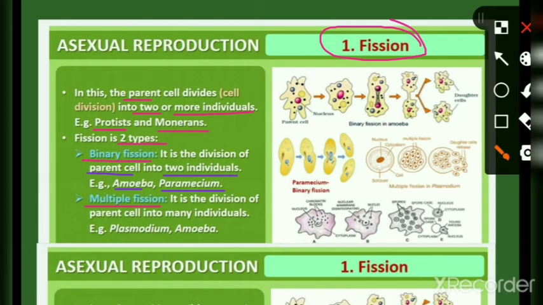While in case of multiple fission, the parent cell divides into many individuals, giving rise to many offspring, and multiple fission occurs in Plasmodium and amoeba. So amoeba is the organism in which binary fission as well as multiple fission takes place.